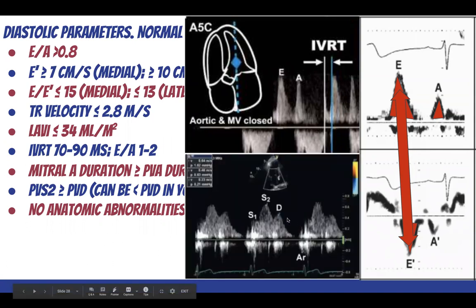So this is systolic. S1, as we discussed previously, should be there, but in up to 70% of people it may not be there, but the S2 should be more than D. And the pulmonary vein A duration should be less than mitral A duration.